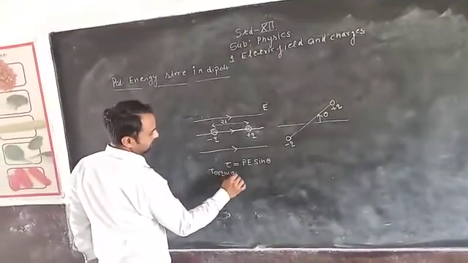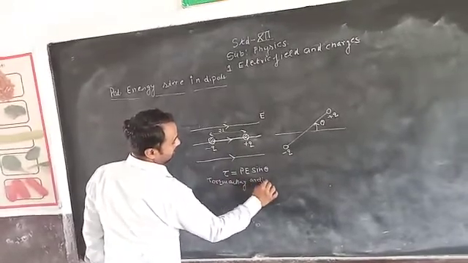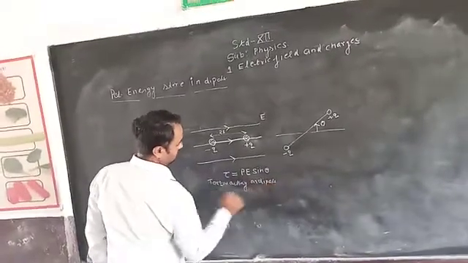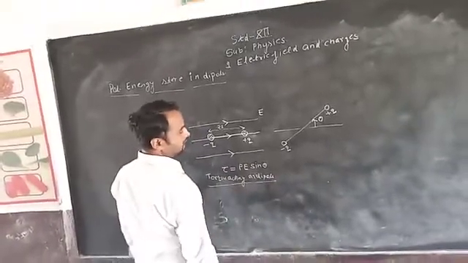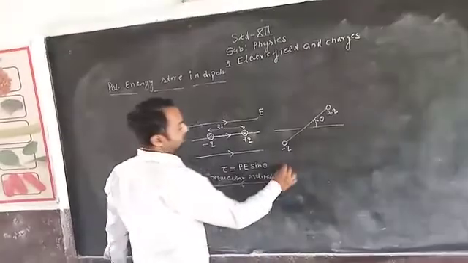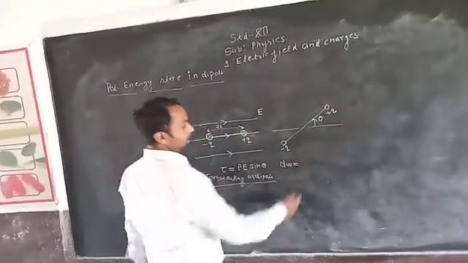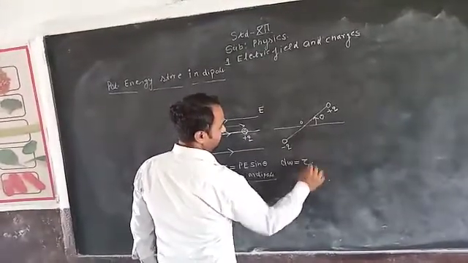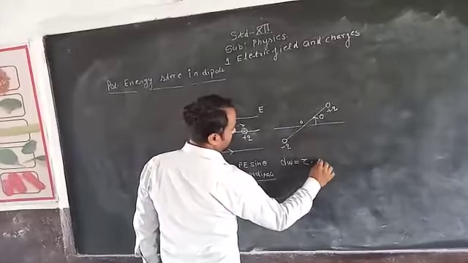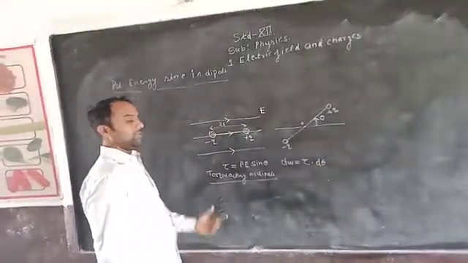Torque acting on dipole. This is the torque acting on the dipole. Tau is equal to PE sin theta. And if a small differential work done is defined from here, because this system is a rotational system, force is replaced by the torque, and linear displacement is replaced by the angular displacement.